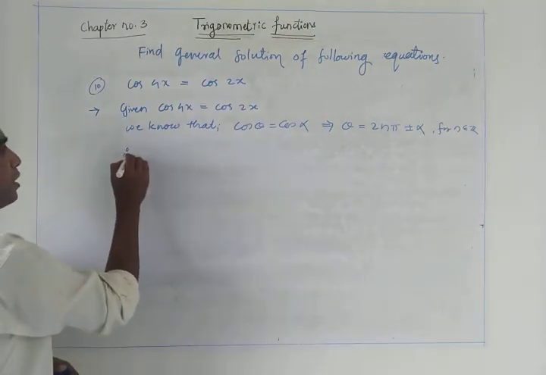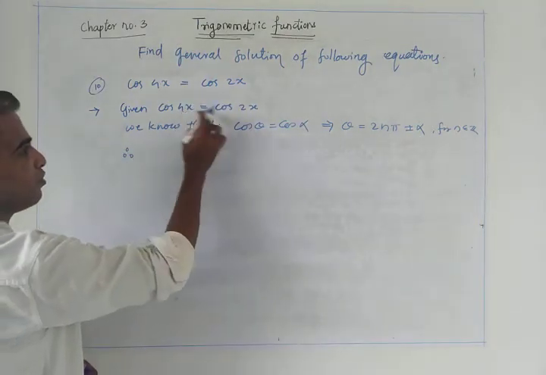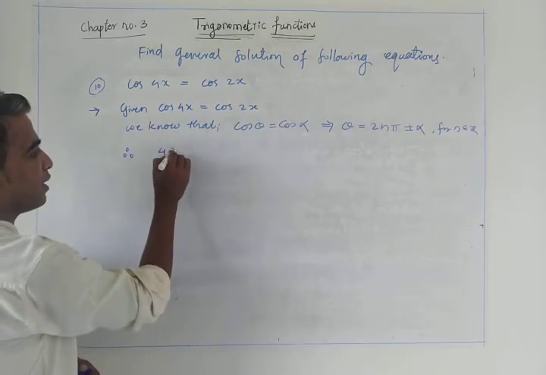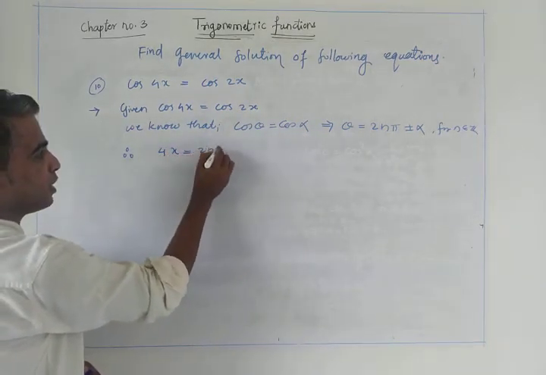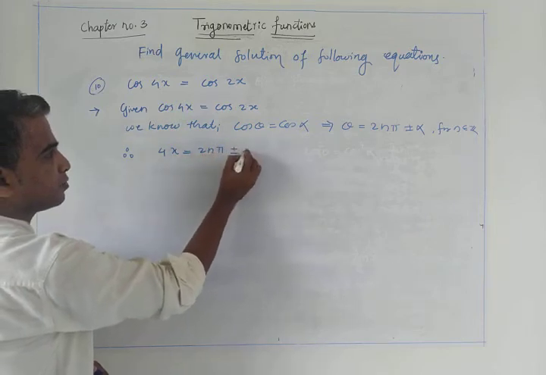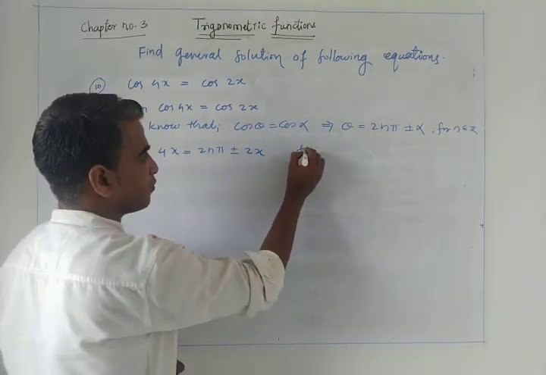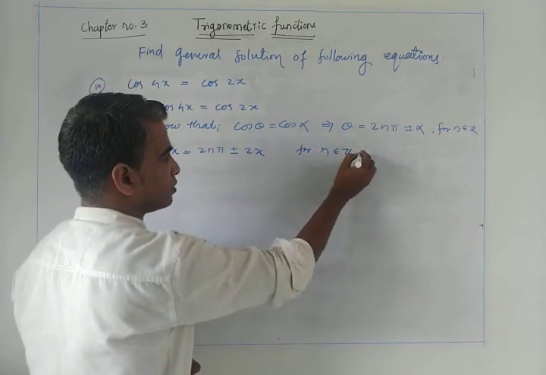So by using that formula, the value of theta is 4x and the value of alpha is 2x. So 4x is equal to 2n pi plus minus 2x, for n belong to z.